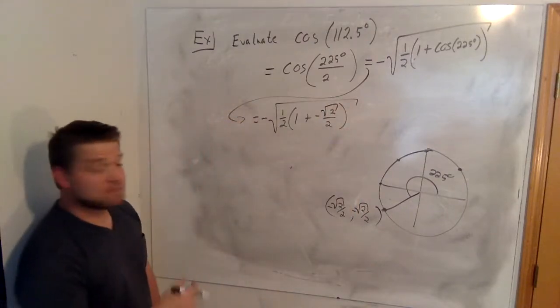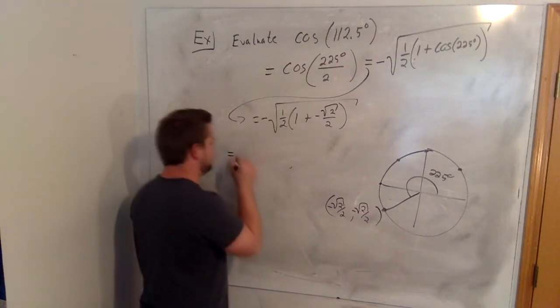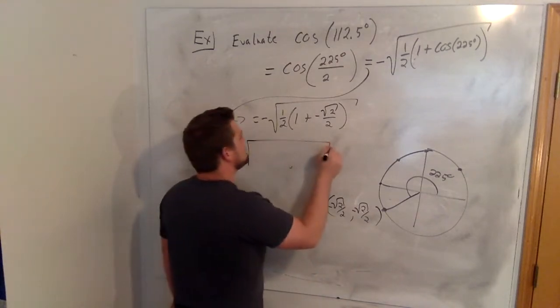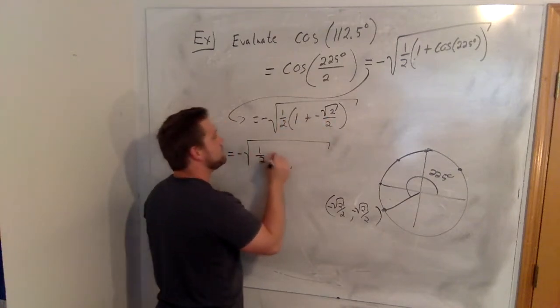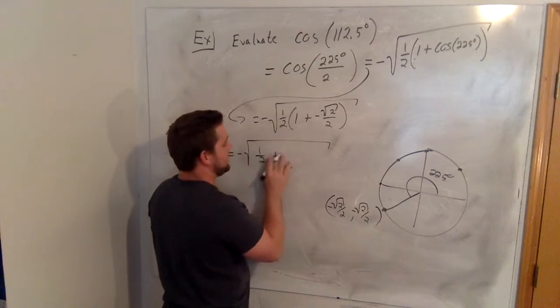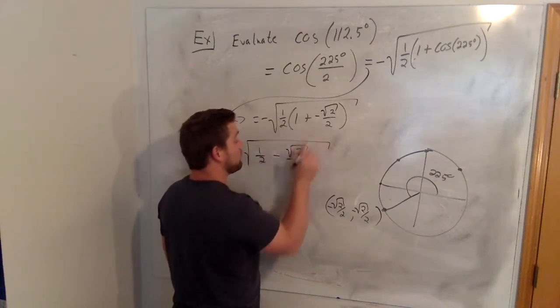Okay, let's clean this up a little bit. This is equivalent to a negative square root. Let's distribute in the 1/2. So we'll have 1/2 minus the square root of 2 all over 4.